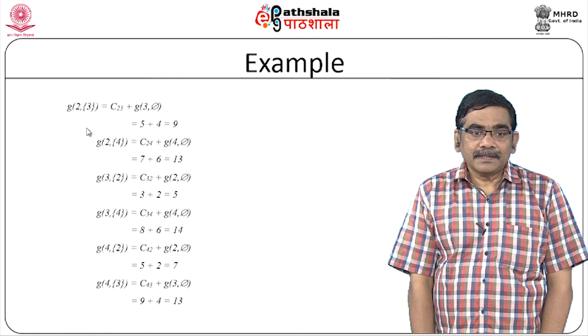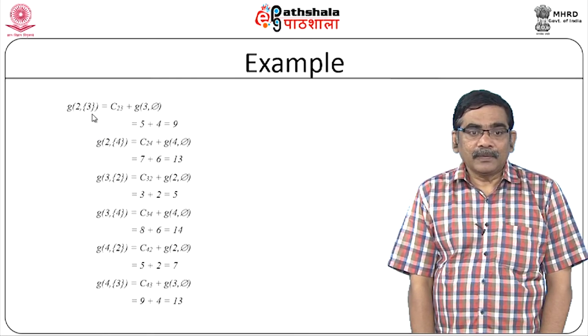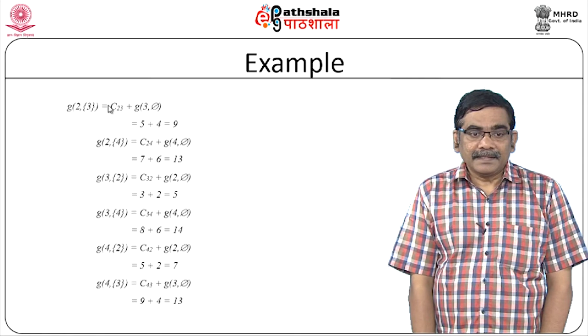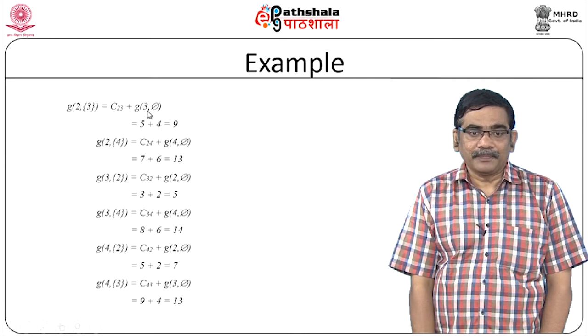What is the cost of starting from 2 and going via the vertex 3? The answer is it is the cost of moving from 2 to 3 and the cost of moving back to the hometown from the vertex 3.